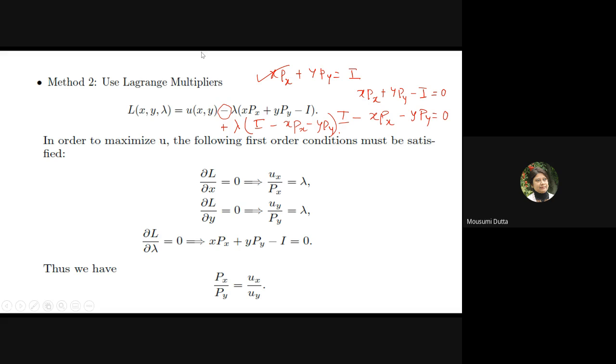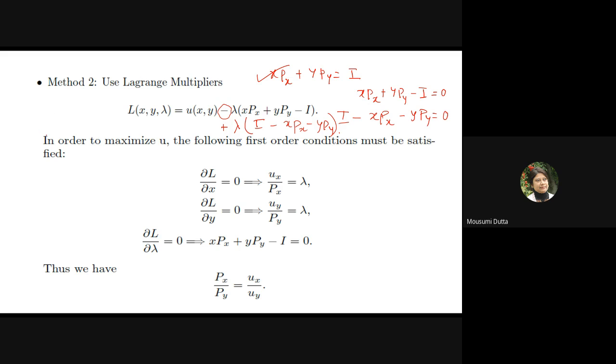Okay, so here, once I get this new objective function, I'll take derivative of this objective function with respect to x, and by FOC, first order condition, I'll set this equal to 0. Now, as I do so, if I take derivative of L with respect to x, I am getting del u by del x minus lambda px. Del u by del x minus lambda px is equal to 0.